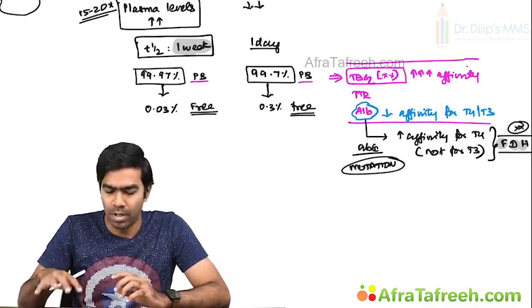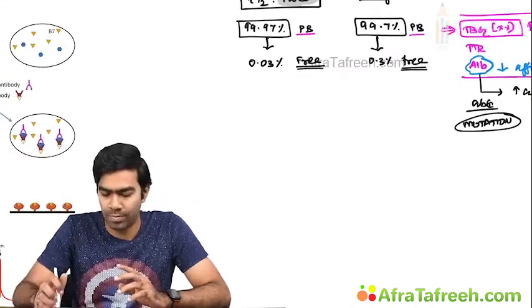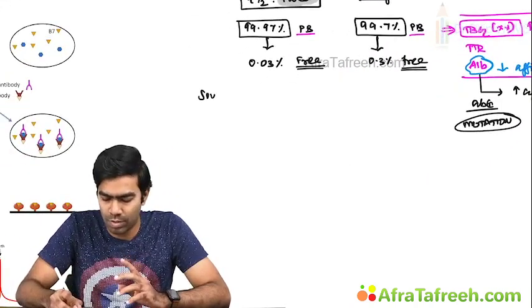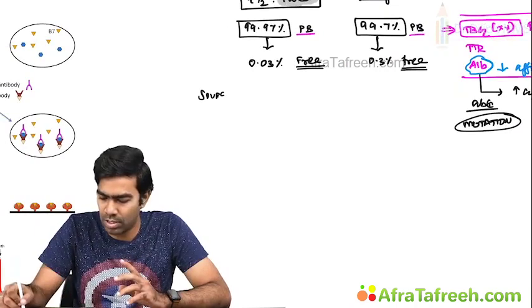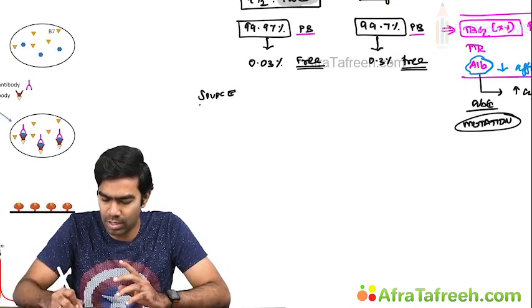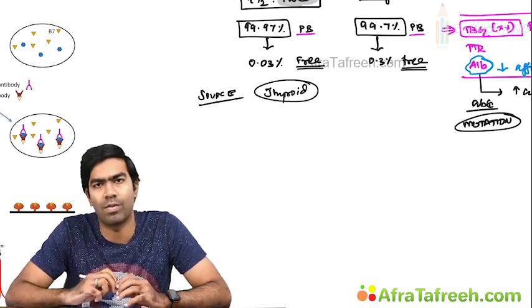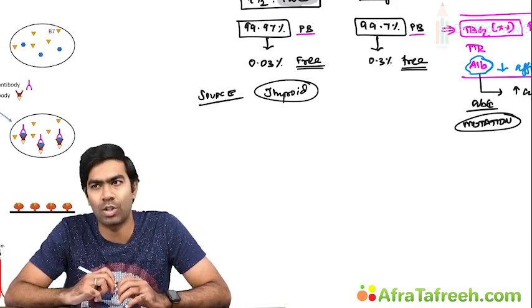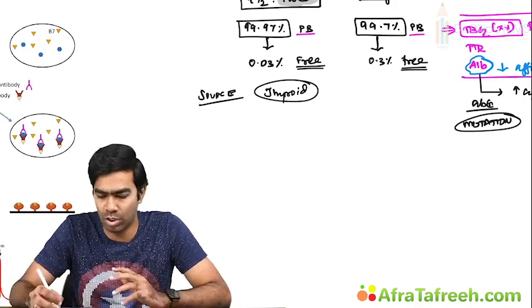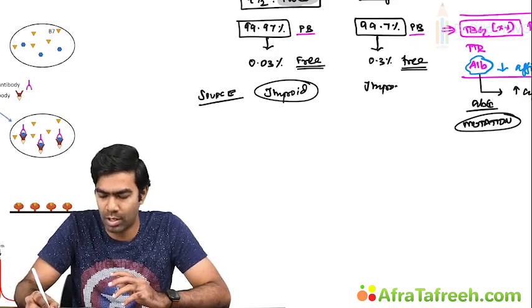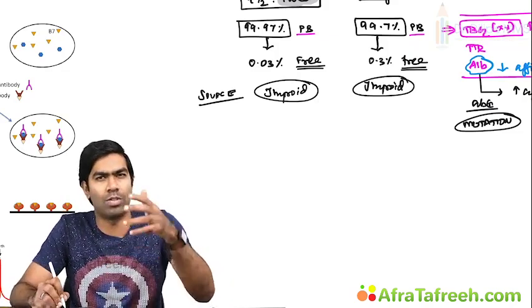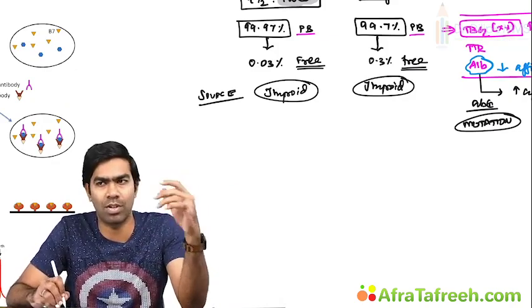So what is the source of this T4 and T3? We know the source of T4 is solely from the thyroid gland. Thyroid is the only source of T4. What is the source of T3? On the other hand, T3, the source are 2. One is it's coming from thyroid gland, even though in low amounts. 80% of the thyroid gland secretion is T4 only, 20% is T3.